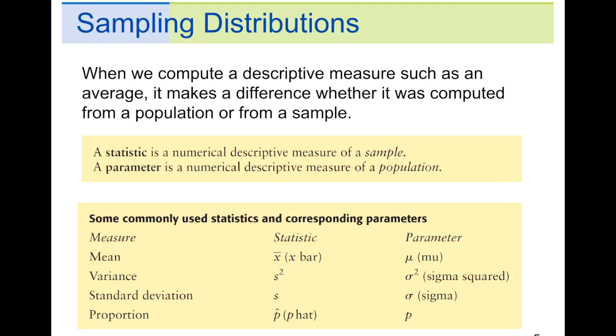Notice that a variance in both cases is just the standard deviation squared. And for a proportion, which we haven't gotten into yet, but we will be soon, it's p hat, or for a parameter, it's p. So if it's got the hat on it, it's a statistic. If it doesn't, it's a parameter.